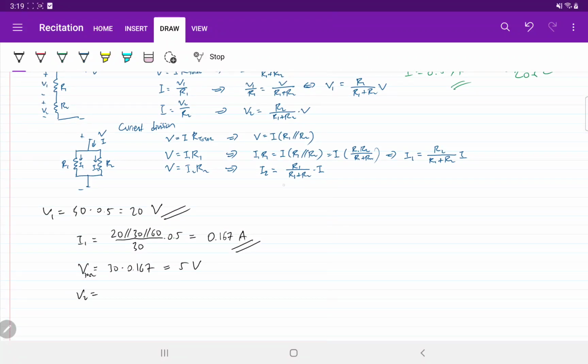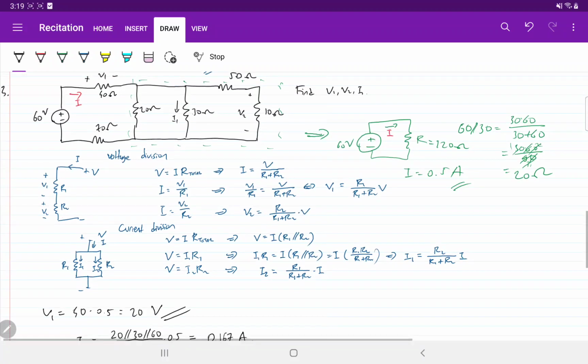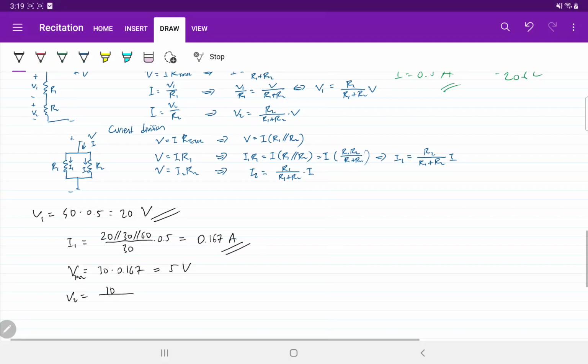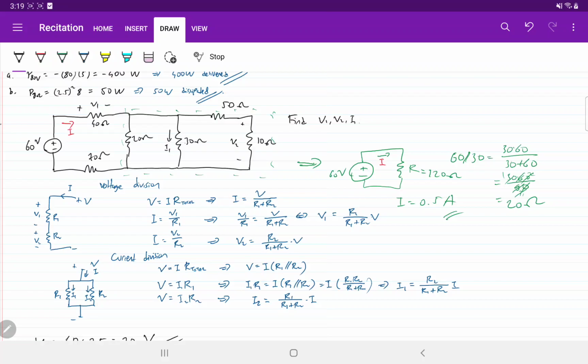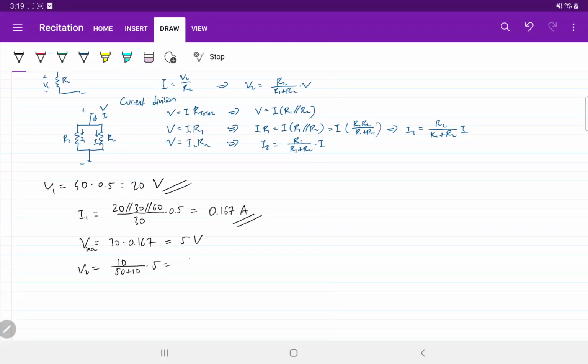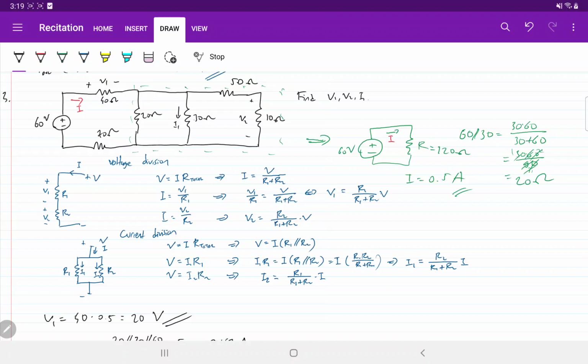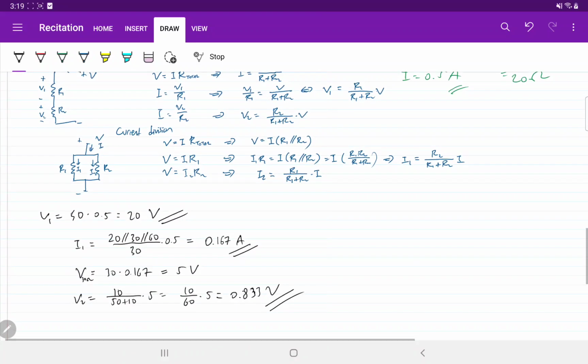So V2 is simply 10 ohms over 50 plus 10, which is 60, times the total voltage there, which is 5. So 10 over 60 times 5, which is 0.833 volt. Okay, so these are the answers.